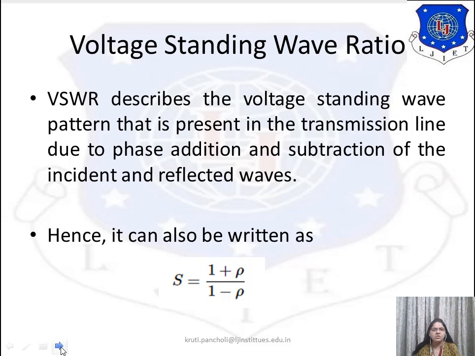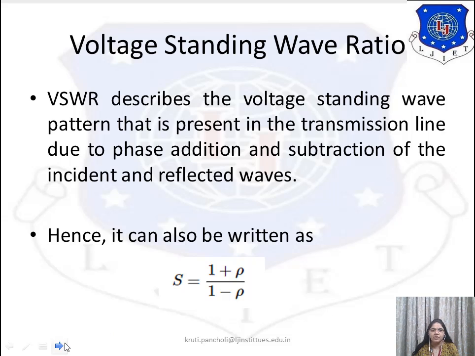It can also be found in terms of the reflection coefficient, because here we have the incident wave and the reflected wave. So VSWR describes the voltage standing wave pattern that is present in the transmission line due to phase addition and subtraction of the incident and the reflected wave.